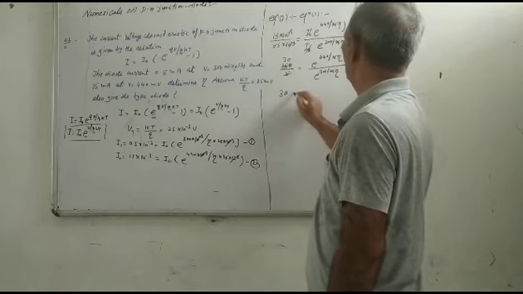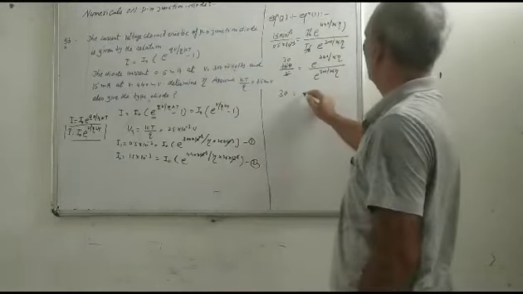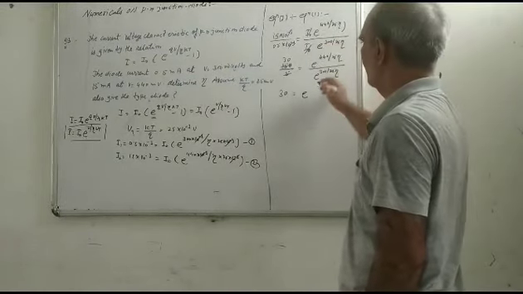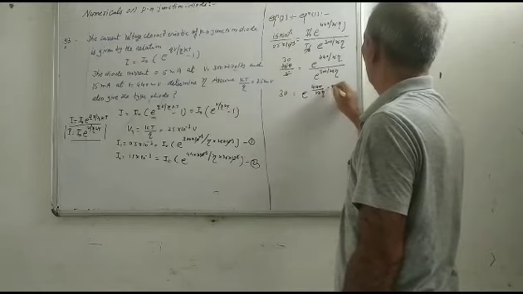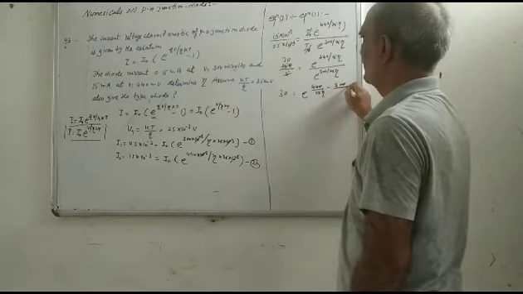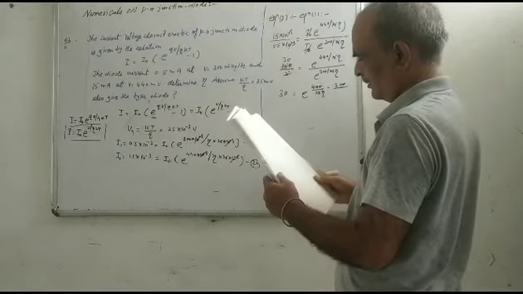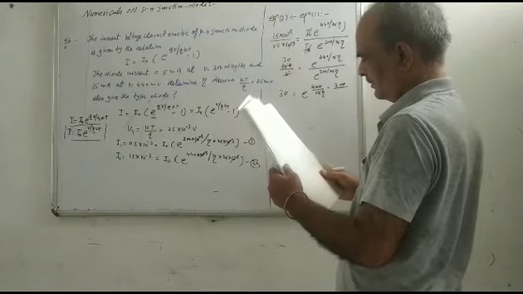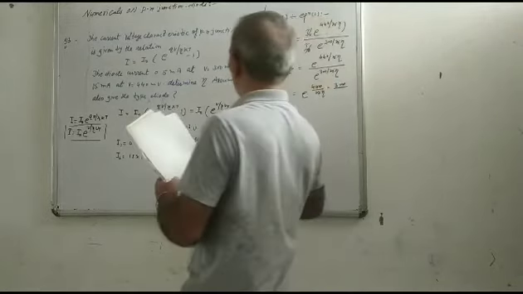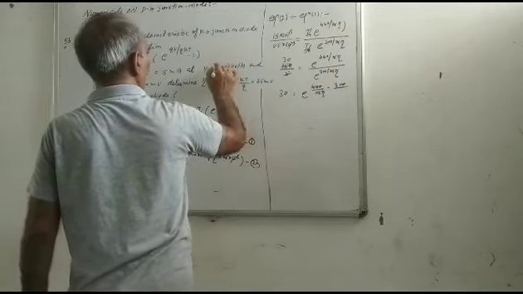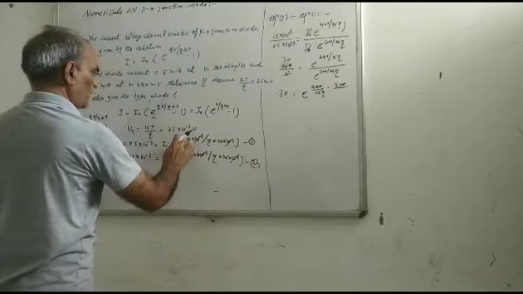So 30 is equal to e to the power, taking it in the numerator, the power becomes 440 by 25 eta minus 300 by 25 eta.